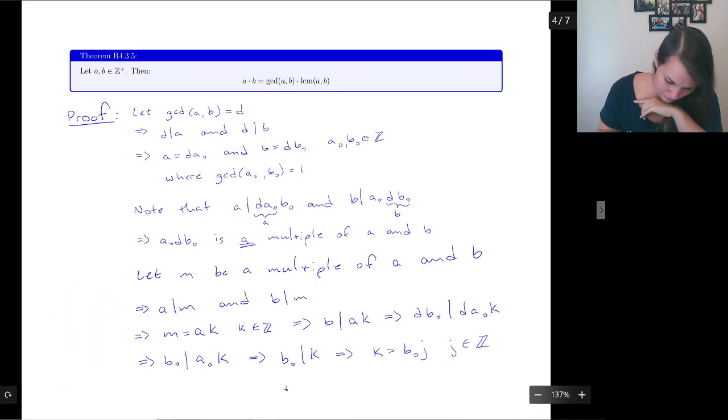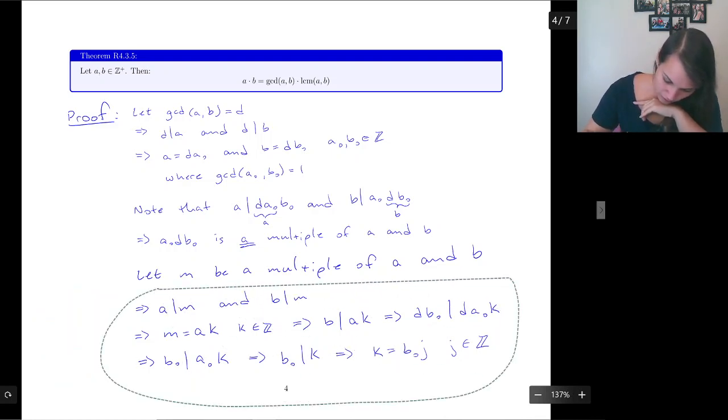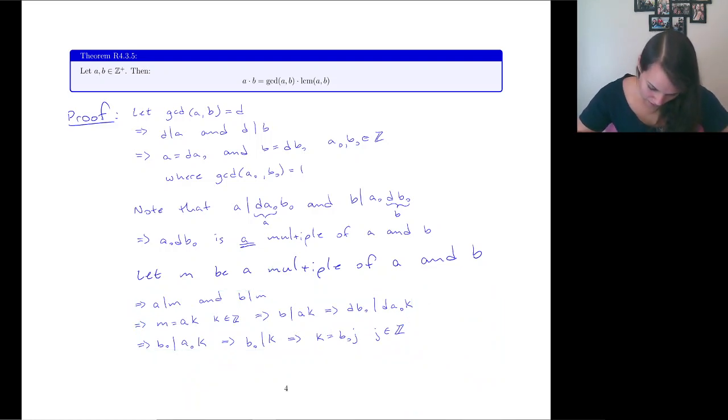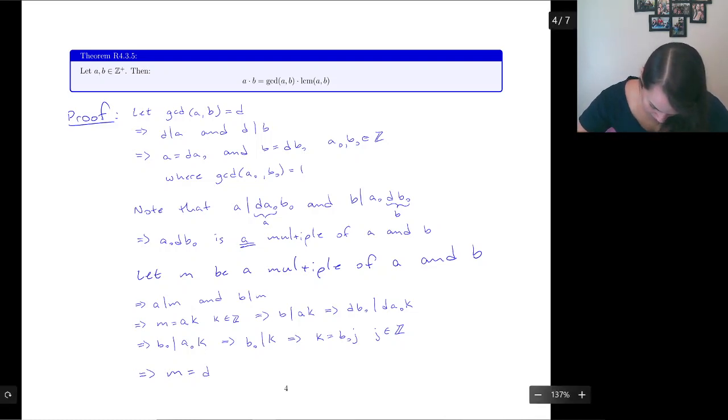So let's step back. What have we gotten to at this point? We have gotten that M equals Ak, which is really just D times A naught times k, where k is just D times A naught times B naught times j, because that's what k is equal to.